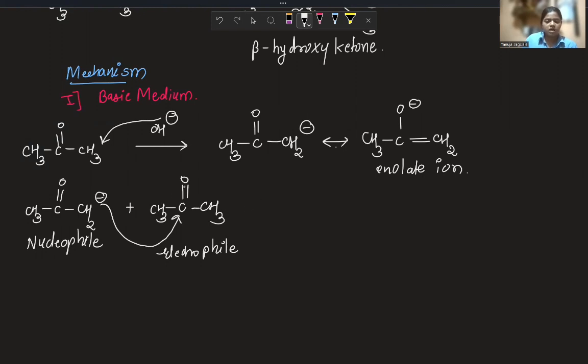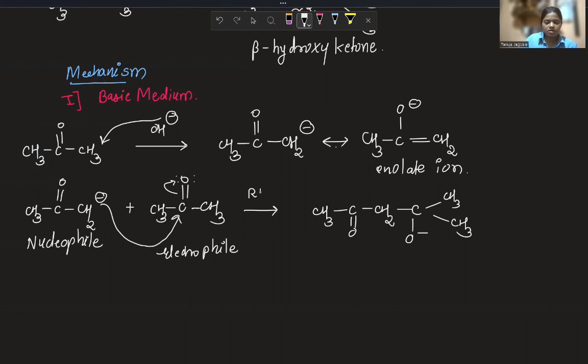This carbon and oxygen bond is polarized, so oxygen has a partial negative charge and carbon has a partial positive charge. Here we get the anion formed by this addition step.